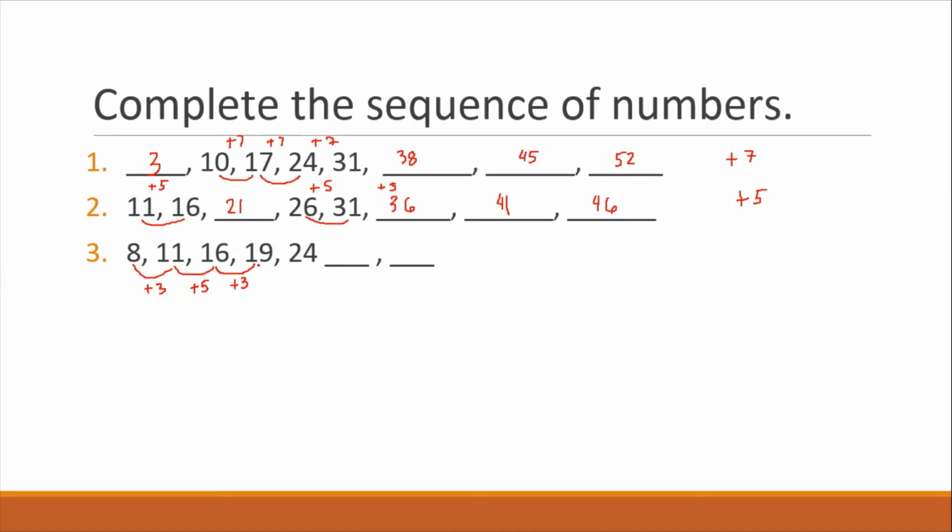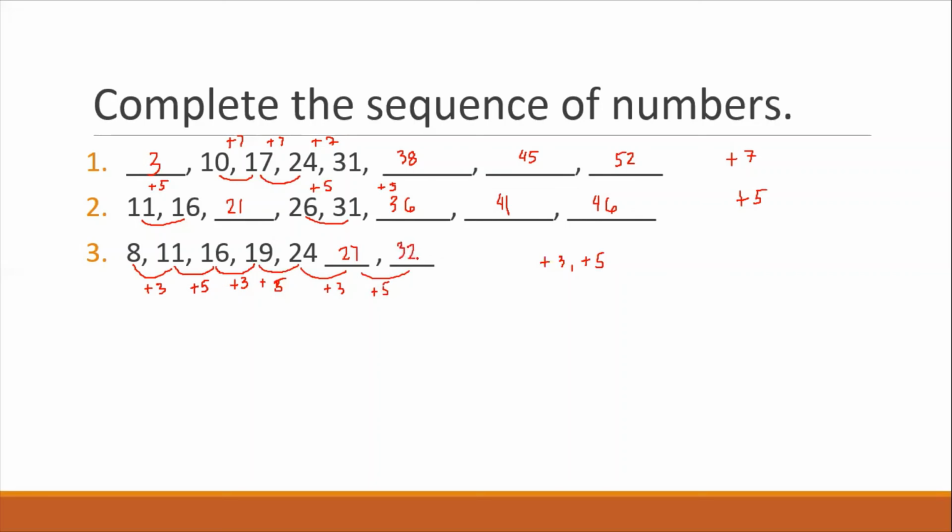And 19 plus 5, that is 24. So it means we now have the pattern. For our pattern here in number 3, we have plus 3, plus 5, respectively. So the next ones here: 24 plus 3, that is 27. And 27 plus 5, the next number here is 32.